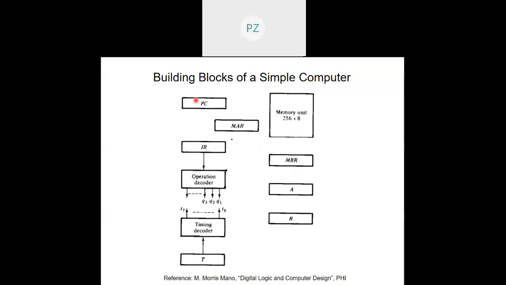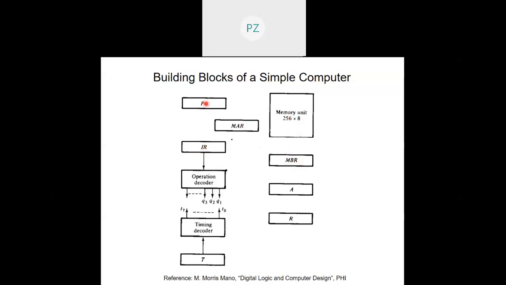Now, there are also two special purpose registers. This is the instruction register which will hold the opcode, right? So whatever opcode is fetched from here will come into this instruction register. And this is the program counter. This will supply the address of the opcode. So in a sense, just as MAR and MBR are the generic memory address register and memory buffer register for any kind of data, PC and IR are specific for instructions.